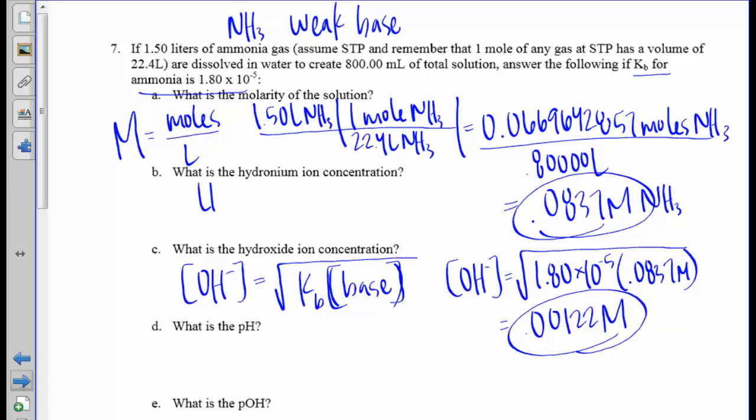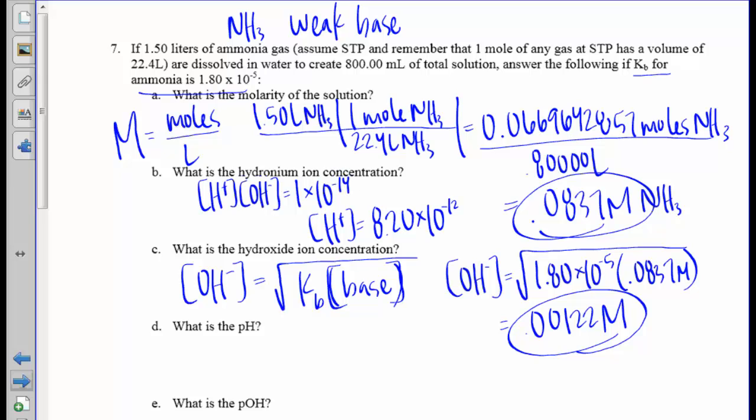We know that the hydrogen ion concentration times the hydroxide ion concentration is equal to 1 times 10 to the minus 14th. I'm assuming, since you've seen me solve this twice already in the two previous problems, that you're comfortable working that math. So in plugging in those numbers, we would calculate the hydrogen ion concentration to be 8.20 times 10 to the minus 12.